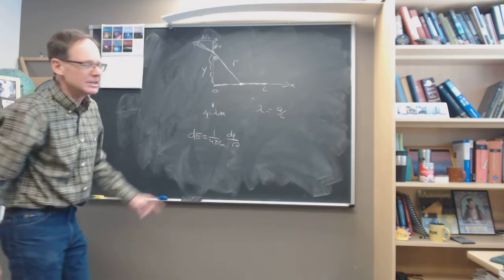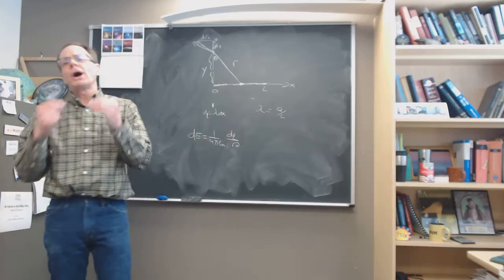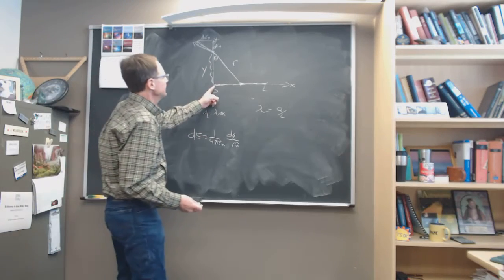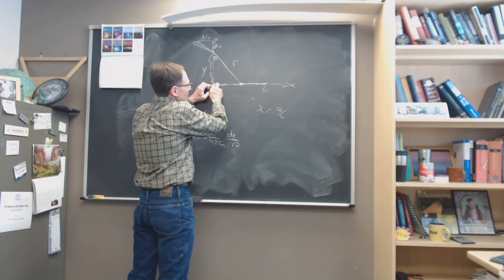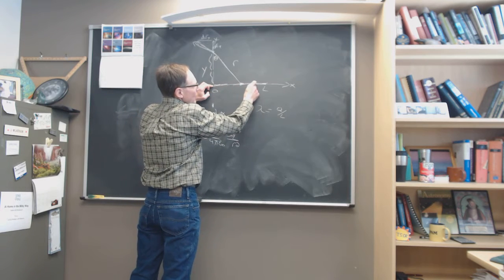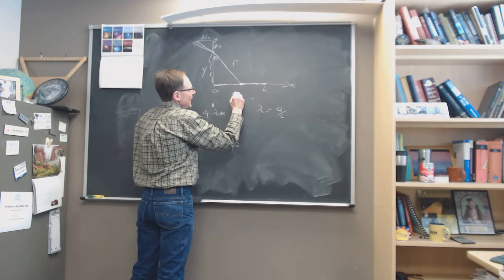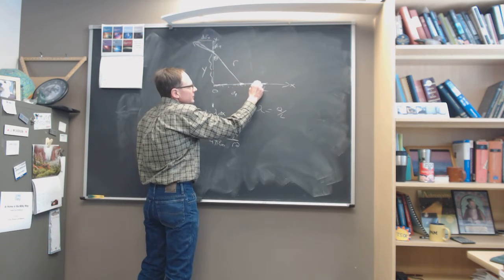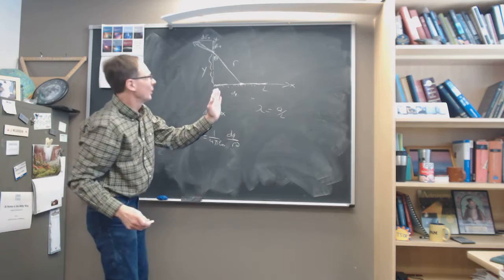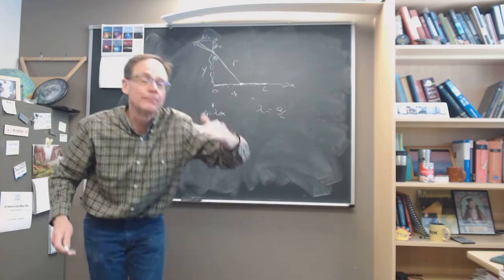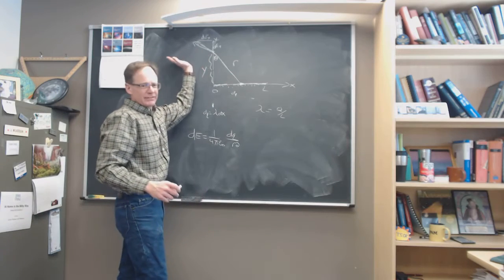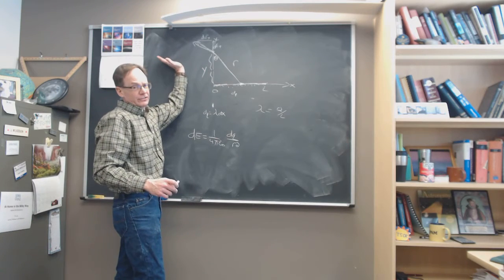By moving out here on the edge, we've made it so that the horizontal components no longer cancel out. Every single one of the little dq's as you move along here has an x component of the electric field that points in the negative x direction, negative i hat.